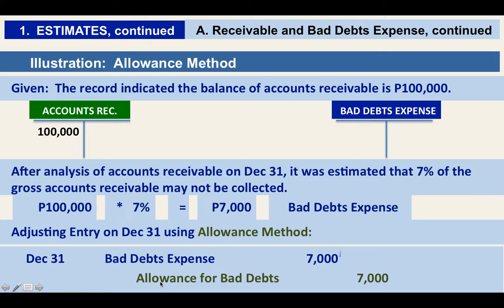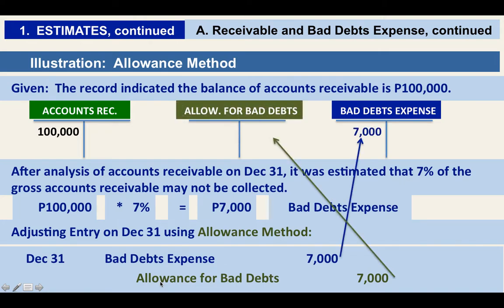If we look at the T accounts, bad debts is there, and the allowance will be here. We created a separate contra account for accounts receivable, and it will be posted as allowance. As we already discussed, this allowance is deducted from the accounts receivable. So accounts receivable minus allowance will be your accounts receivable net.